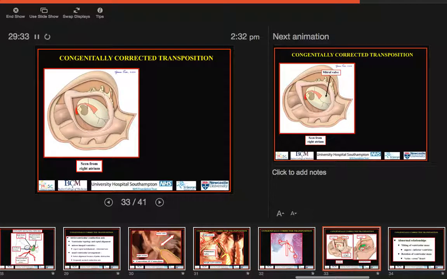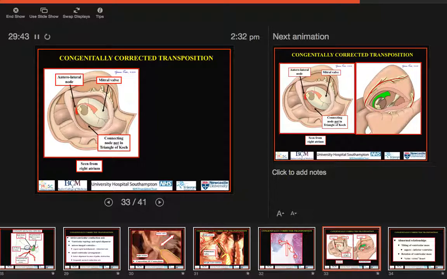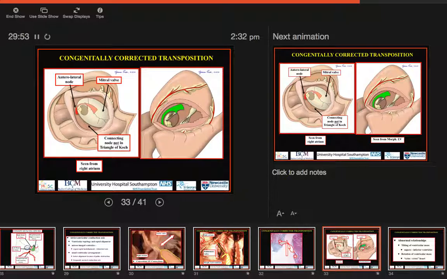So now we know precisely where we find the conduction axis. If we look from the right atrium, we're looking through the mitral valve. The node is not in the triangle of Koch. The conduction axis arises from an anterolateral node, and there is a very long bundle that passes in front of the subpulmonary outflow tract, and we can see that long bundle if we look from the ventricle.